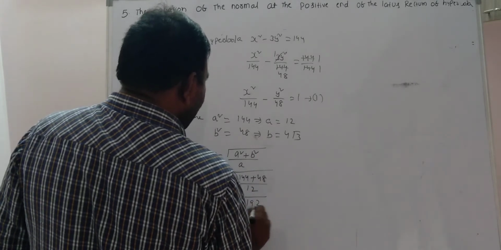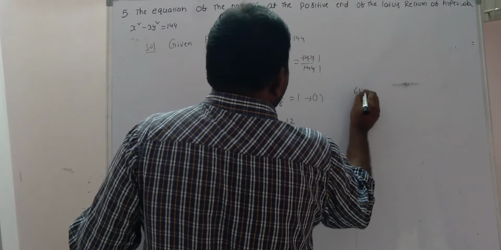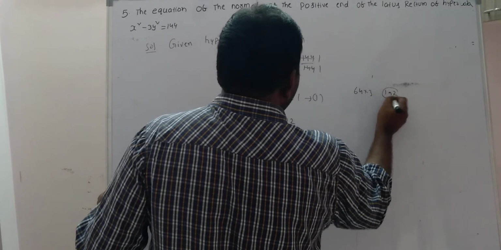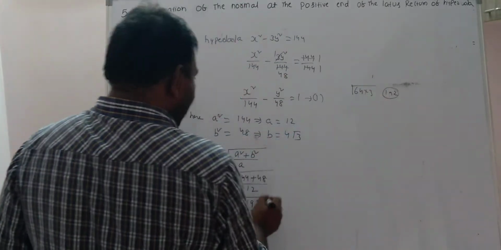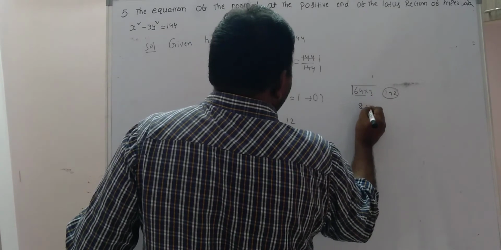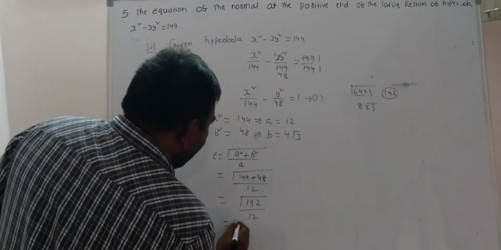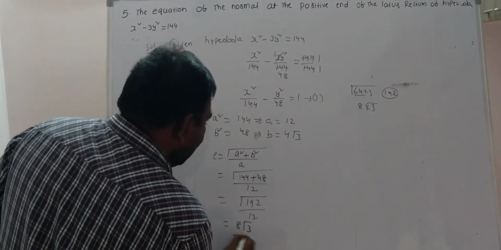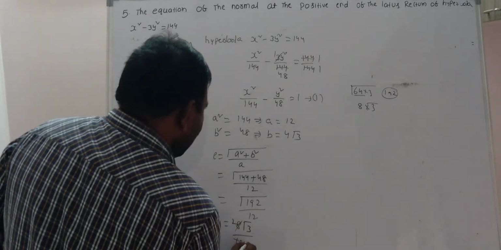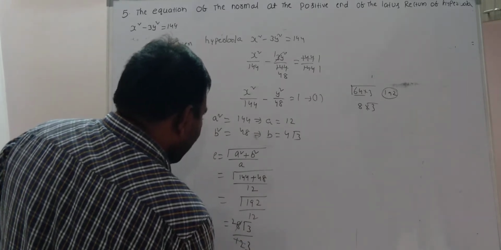Square root of 192 by 12. 192 can be written as 64 into 3, so the square root of 192 is 8 root 3. So 8 root 3 by 12, dividing by 4, we get 2 root 3 by 3.